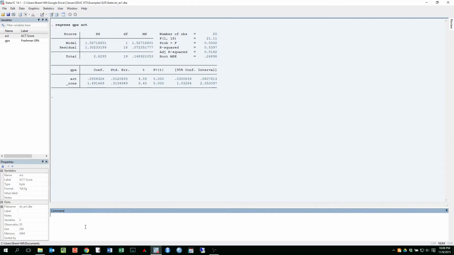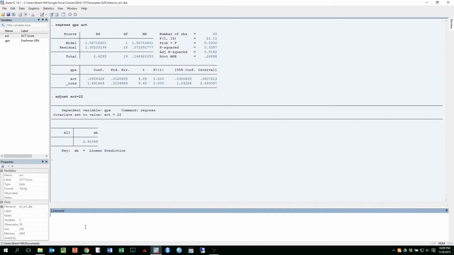But then after that, it's fairly straightforward. We just type the command adjust, and then we tell it what value of the independent variable we're looking to make a prediction for. So the name of the independent variable is ACT, and we want to see what happens for a score of 22. Okay.